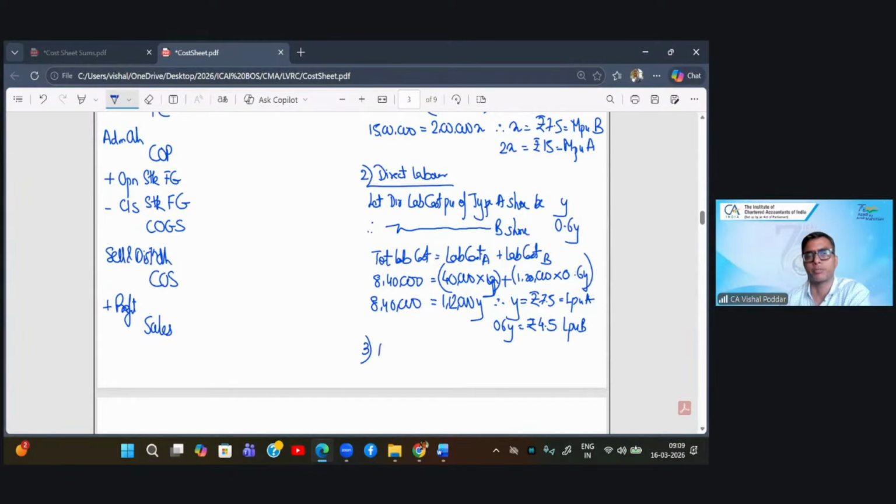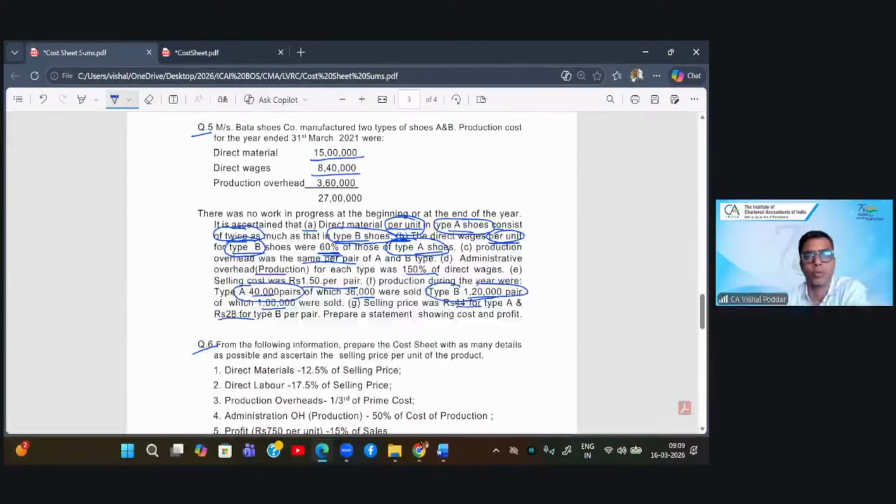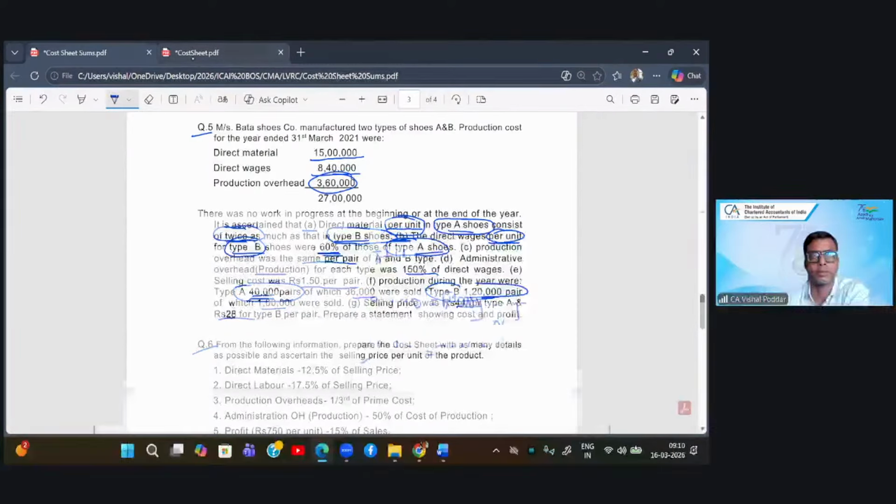Third working note. Production overheads per unit. Total production overheads upon total units produced. Now, how much is production overheads? It is 360, and units produced 40 plus 120 is 160. Correct?